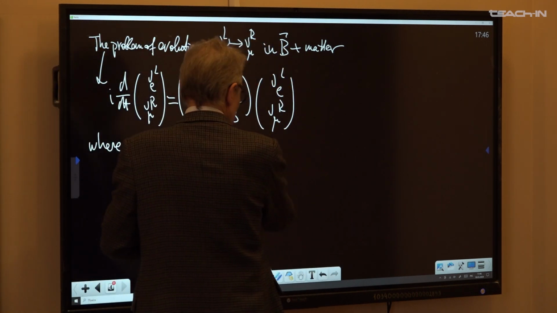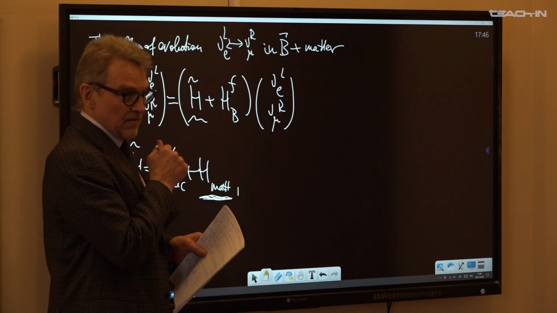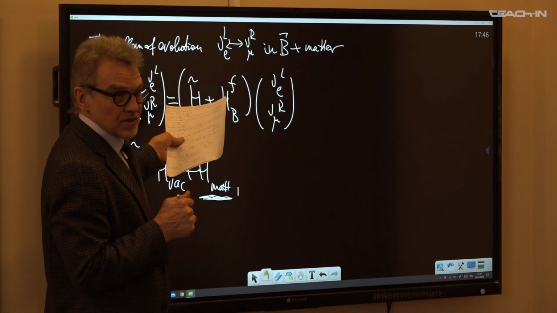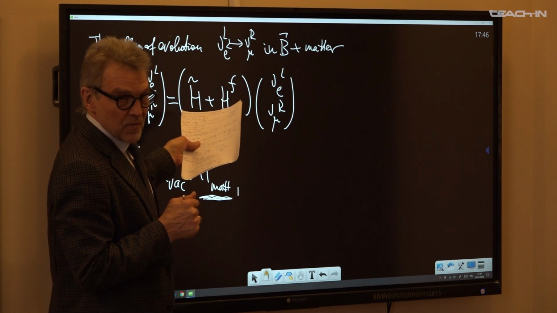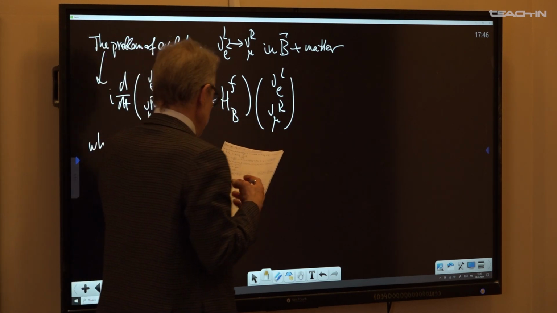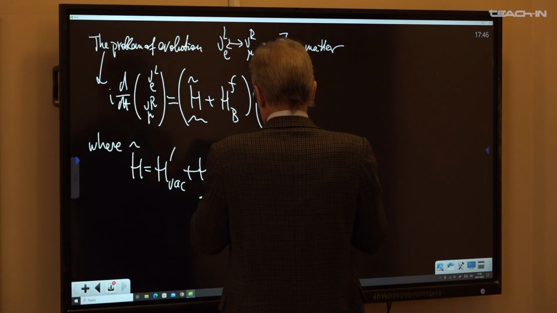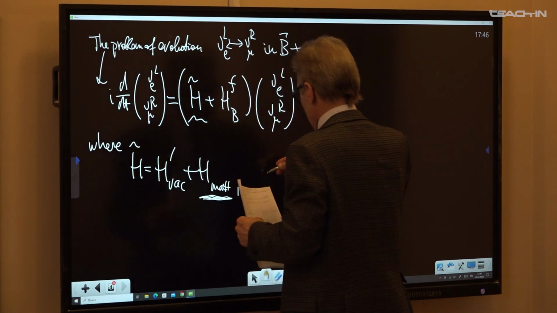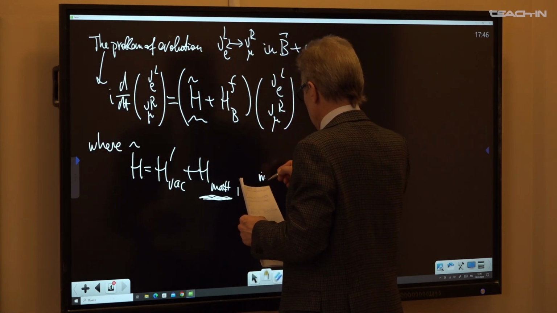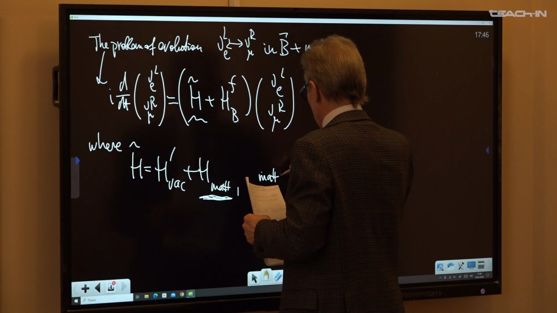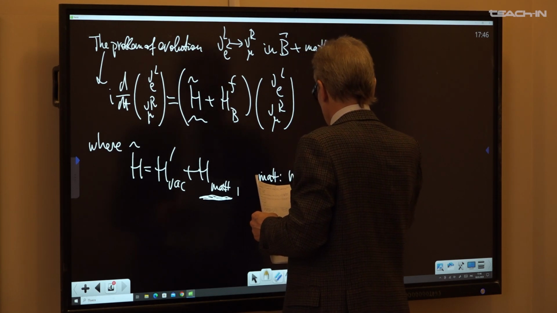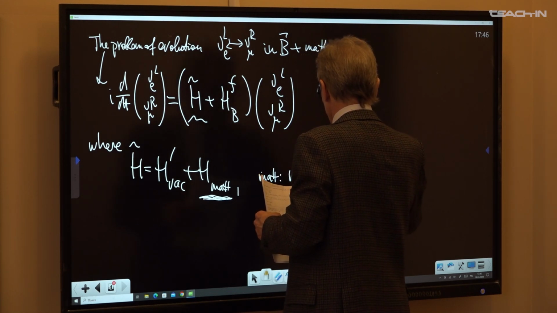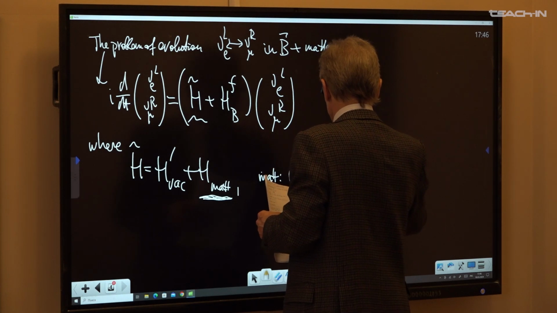This part was calculated for the flavor neutrinos, particularly for this problem. So we suppose matter. We suppose that there are electrons and protons and also neutrons.